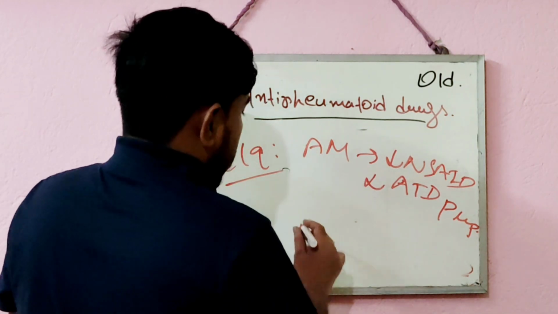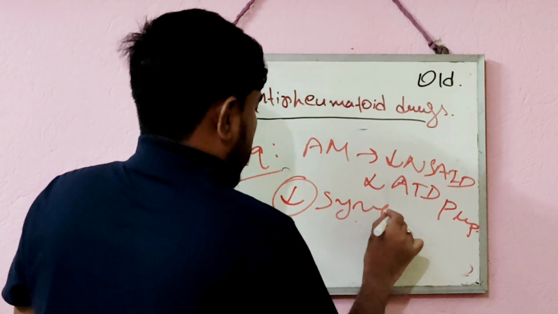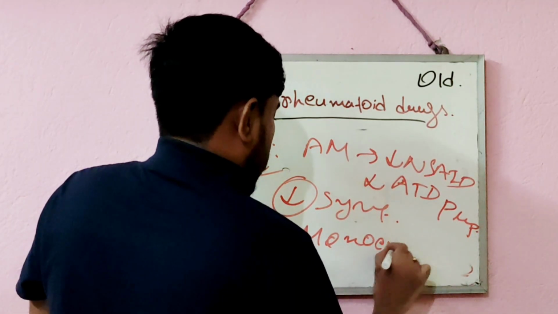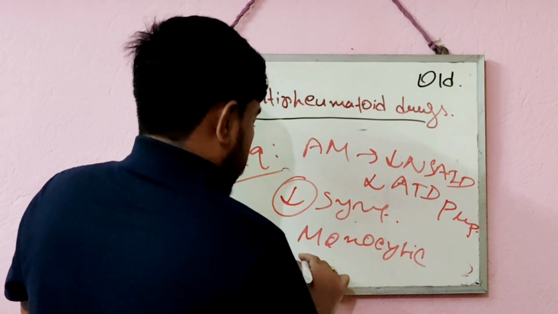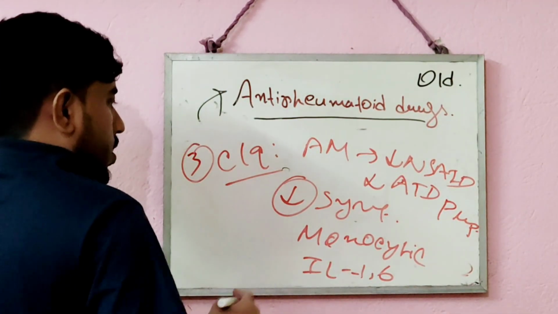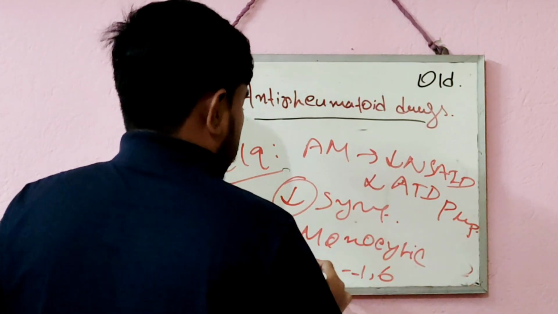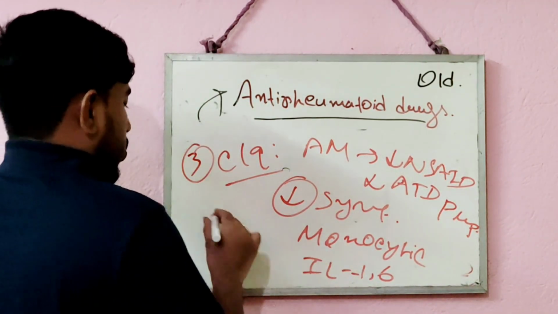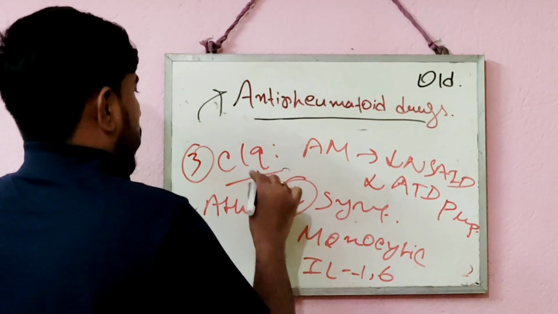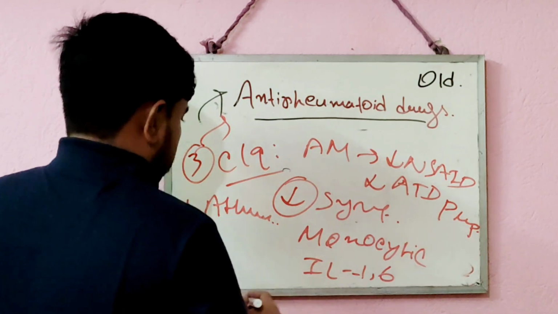It shows its action by inhibiting the synthesis of monocytic interleukin 1 and monocytic interleukin 6. By that inhibition of synthesizing monocytic interleukins 1 and 6, it is going to treat arthritis. And this is how chloroquine can also be used as a mild anti-rheumatoid drug.